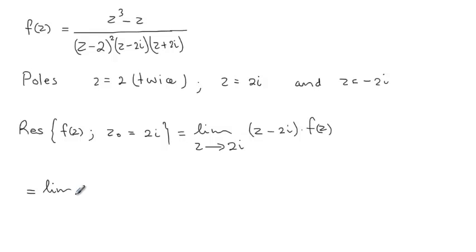In this case, we're going to calculate the limit as z goes to 2i of (z³ − z)/(z − 2)² multiplied by z + 2i. This is after carrying out this multiplication.